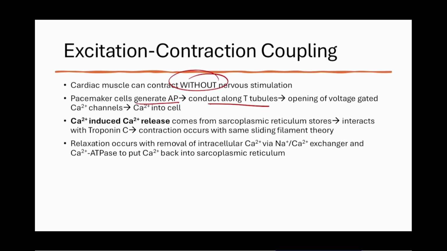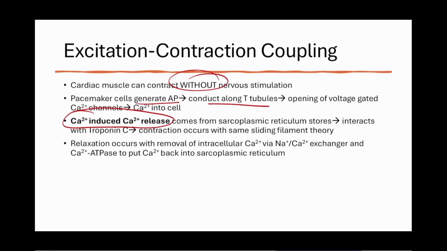So when this calcium gets dumped into the cell, it causes a spark. And this spark is called calcium-induced calcium release. When the calcium comes into the cell through the T-tubules, it causes the SR to dump its contents of calcium into the cell as well.